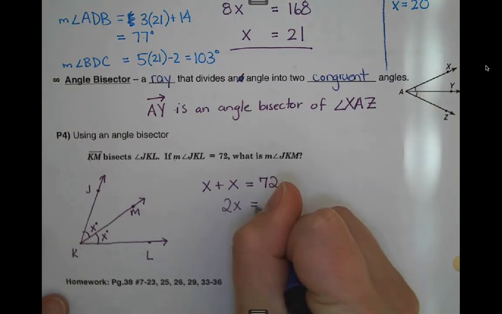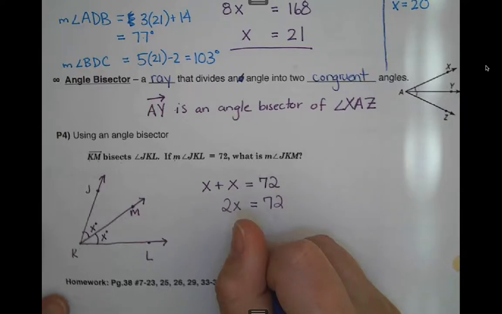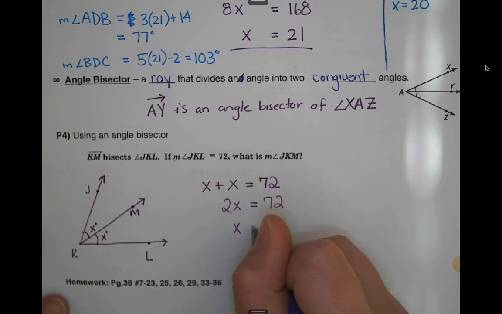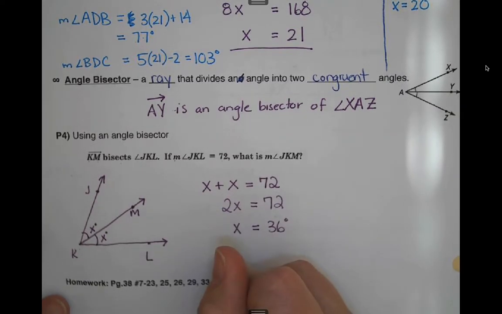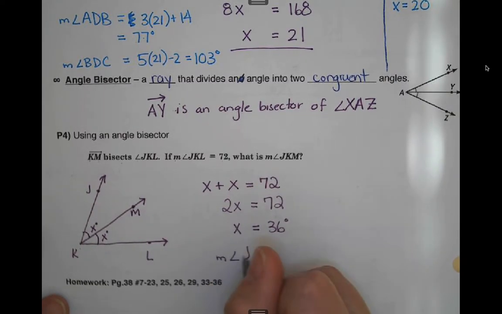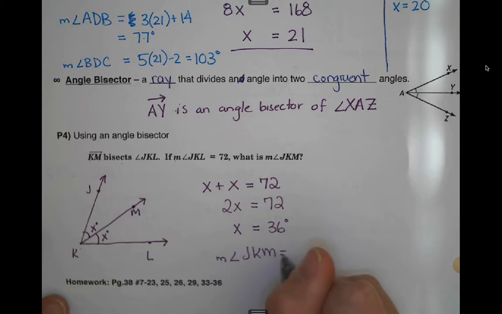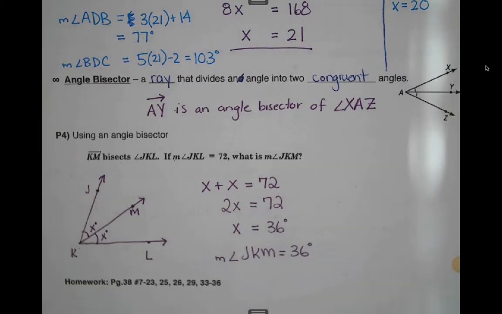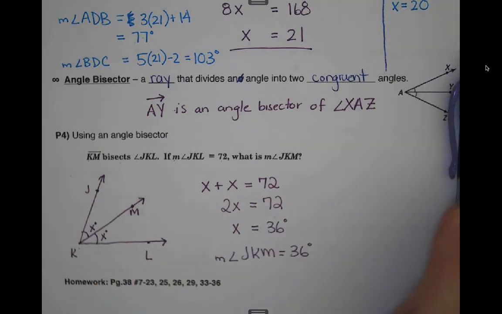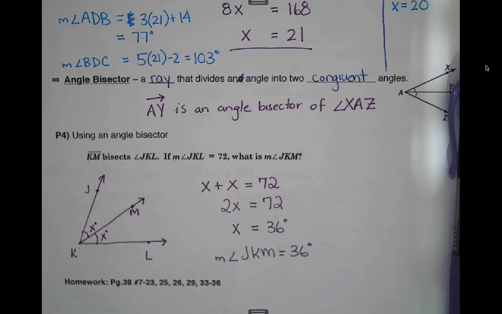So we can find X by solving this, and X should be 36 degrees, which means the measure of angle JKM is 36 degrees. Right? We will have ones that have more algebraic expressions than just X to them, but this gives you an example. That's it for the 1-5.